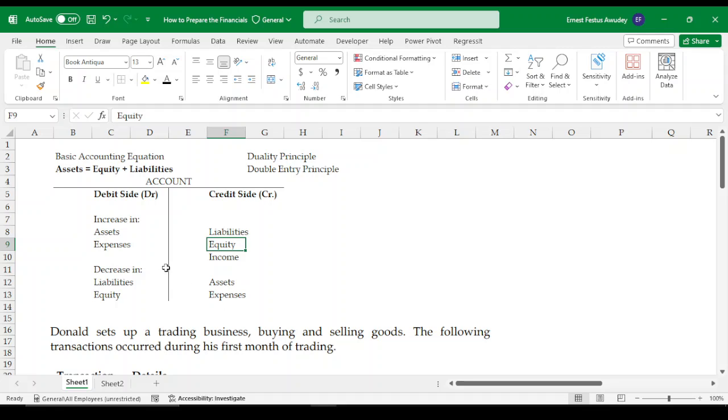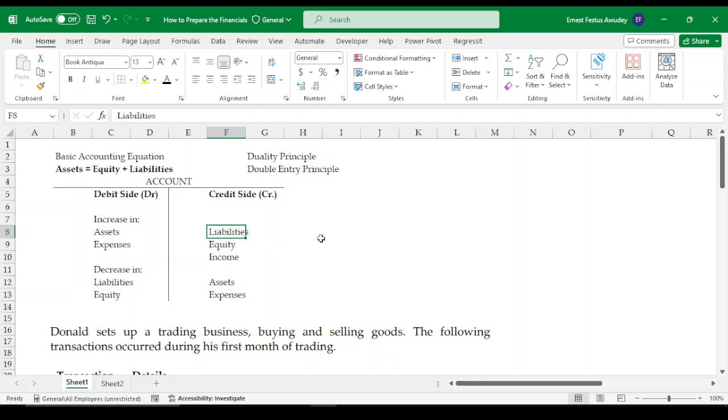So, what we are saying is that the rule is that whenever the assets of your business increase, you are going to put it at the debit side of the account. And so it's going to have a debit entry. So increases in assets have debit entries. All right. And then increases in liabilities have a credit entry.